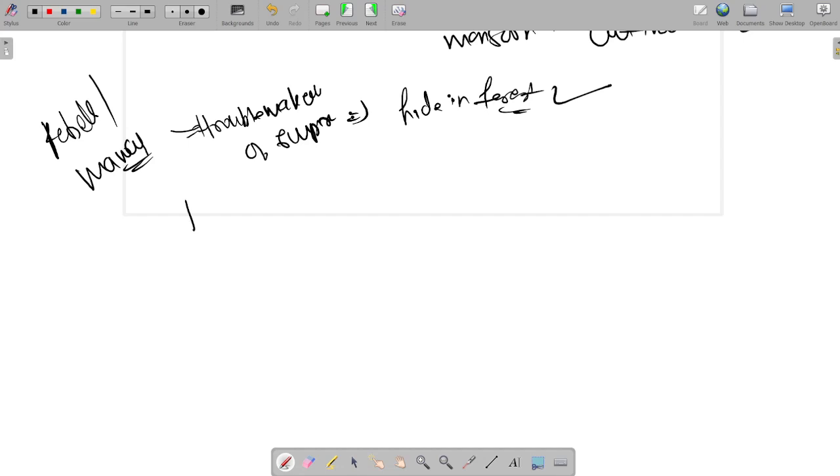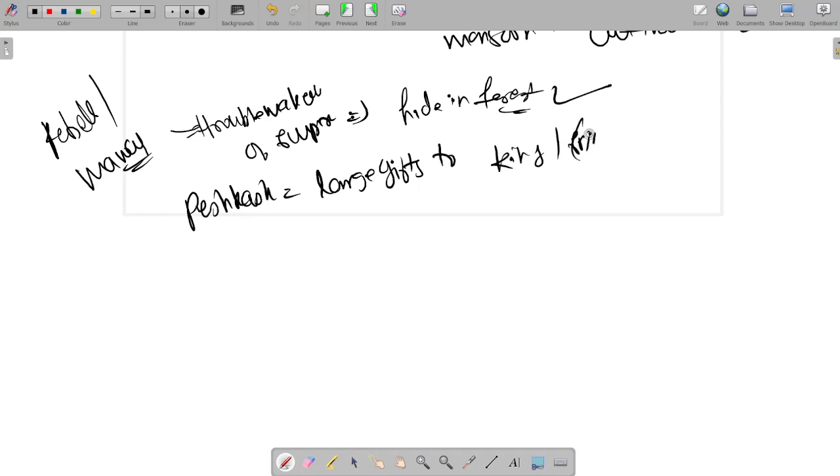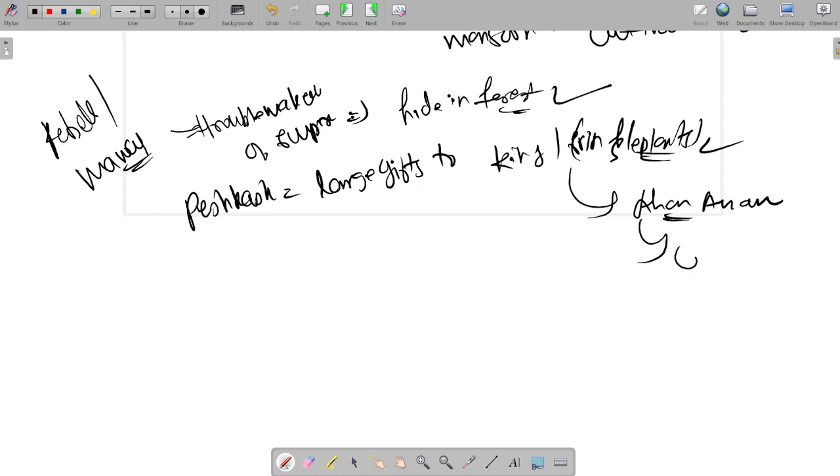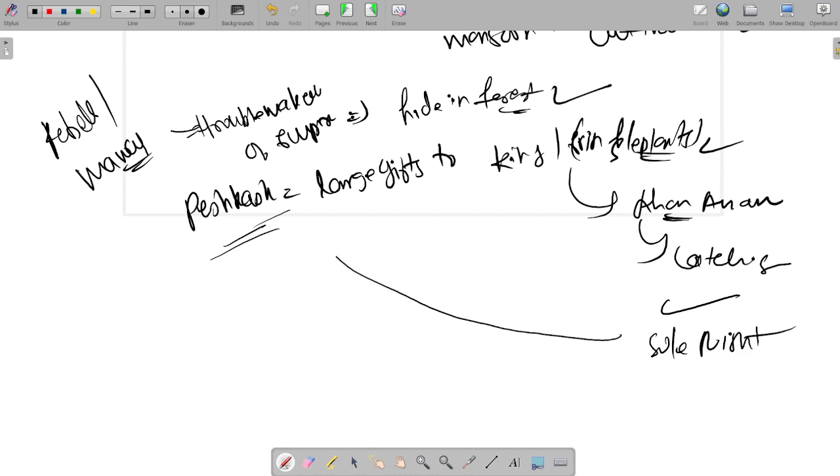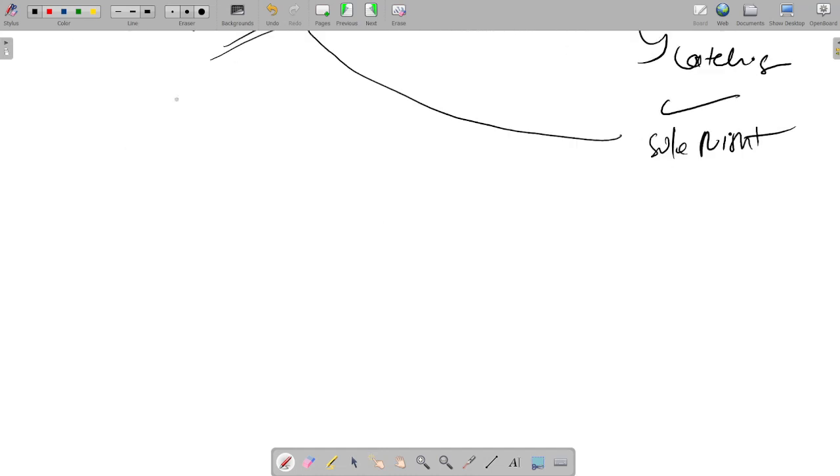The forest people gave the peshkash, or large gifts, to the king, for example in the form of elephants. Basically, there was a tribe called Ahom in Assam. Catching of elephants was considered their sole right. This was called the Peshkash when they gave it to the empire or the king.